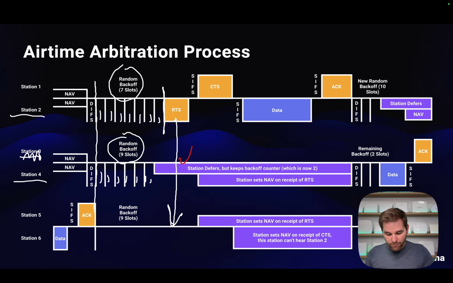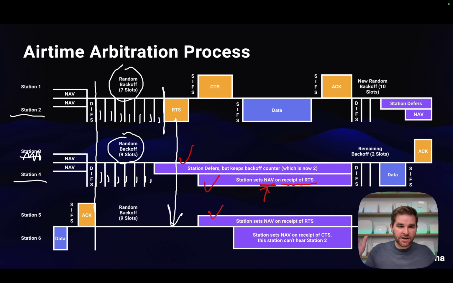They all now back off, and they also all set a NAV timer, a network allocation vector timer. Basically, they say, oh okay, in the RTS, station 2 said it needs this many milliseconds, so I'm just going to shut up and be quiet until that time is over. So they all back off.